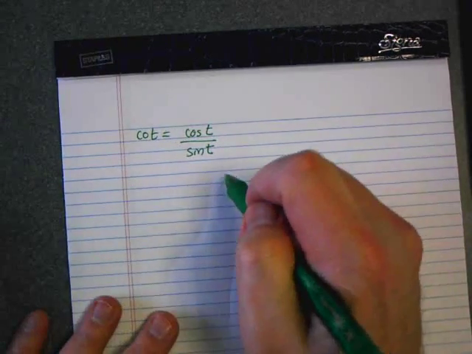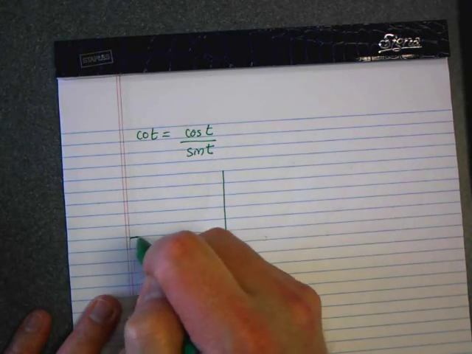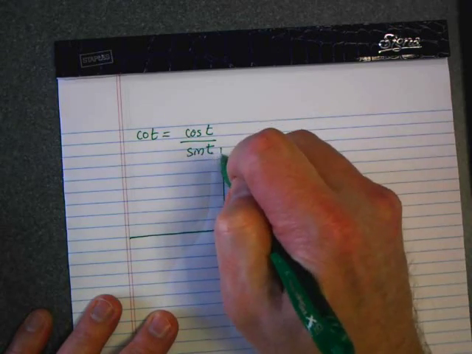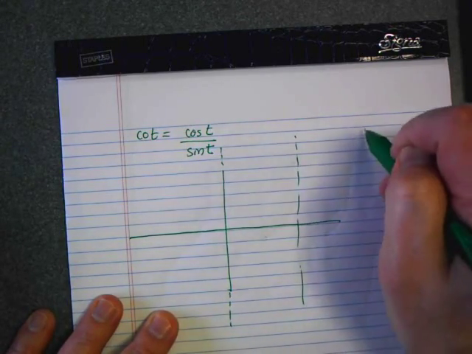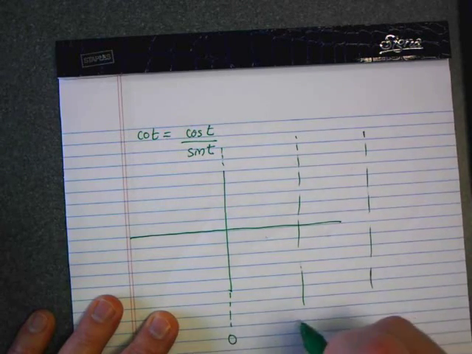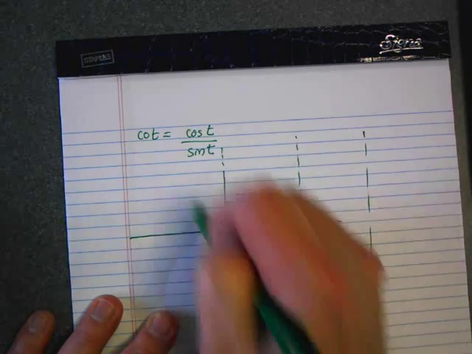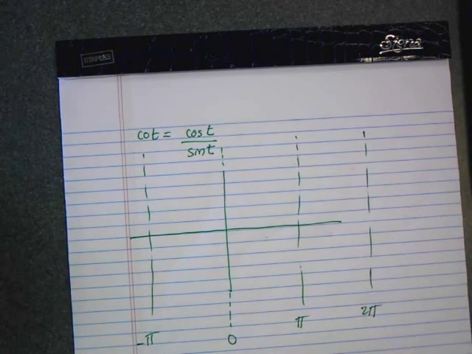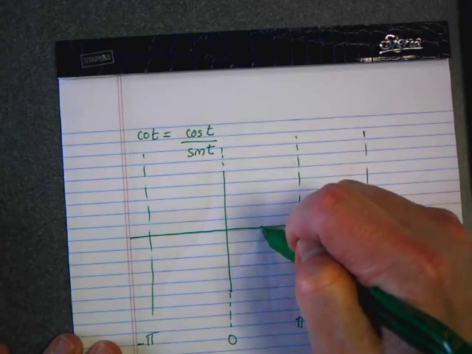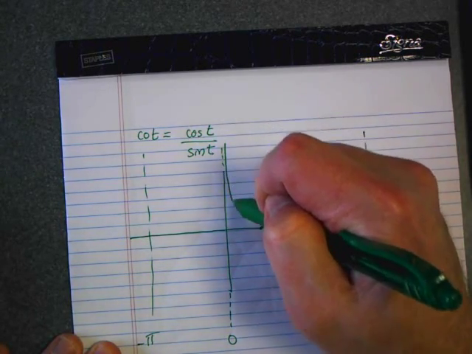So the first thing that's going to happen, the asymptotes are going to shift. So the asymptotes are at 0, pi, 2 pi, negative pi, and so on and so forth. And then, I'm not going to go through all the work, you can just believe me on this. What happens is, it actually goes the opposite direction.